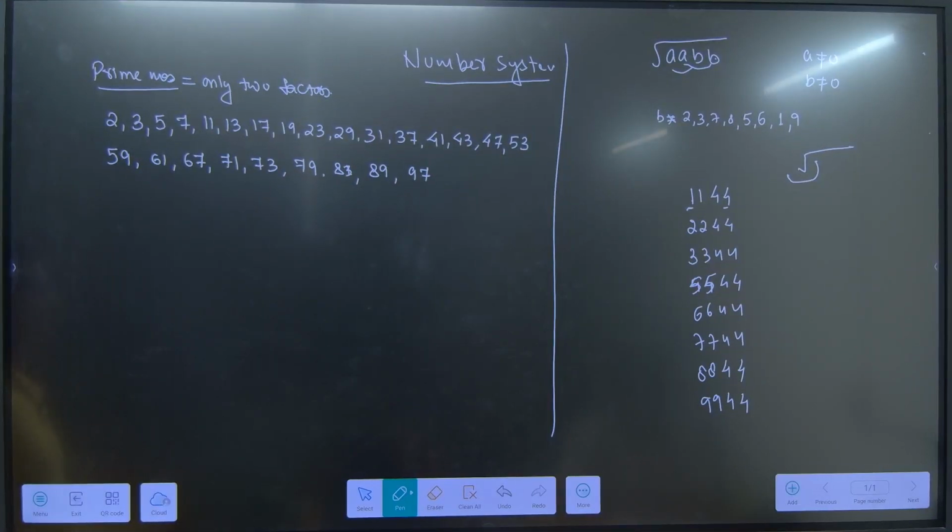These are all prime numbers. From 1 to 100, there are a total of 25 prime numbers. As I told you, they are random. You see, there is no particular pattern it is following.